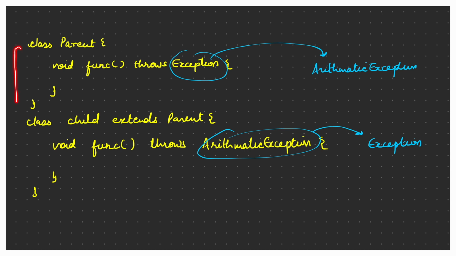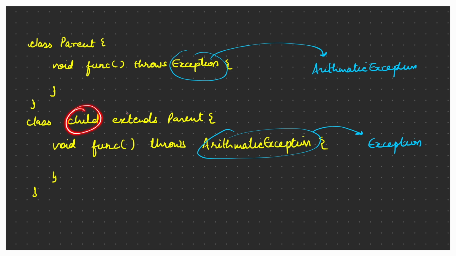Okay, so let's discuss our last concept for today's video, which is exceptions with classes. Again, let me write two code snippets and then we'll discuss the difference between them. Let's say we have this code snippet in which we have a parent class and a child class.